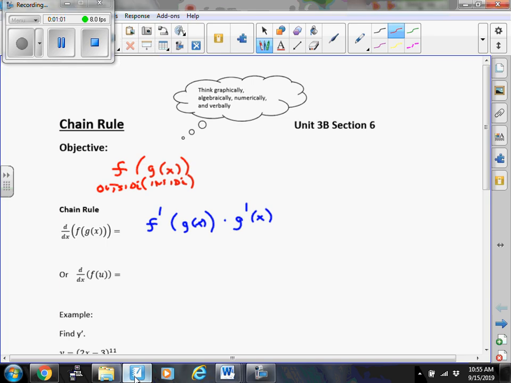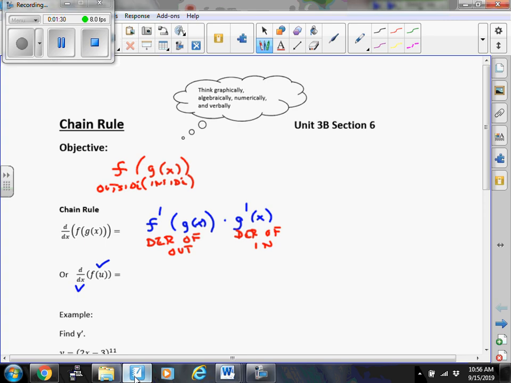So basically I have the derivative of the outside times the derivative of the inside. We like to use u, so that's the derivative with respect to x of f of u.